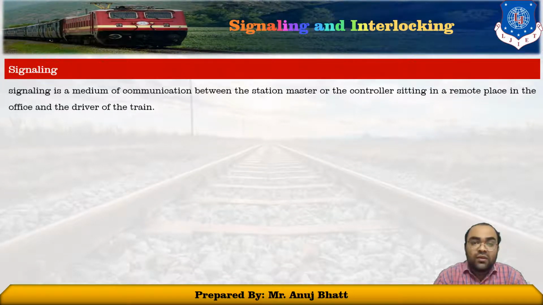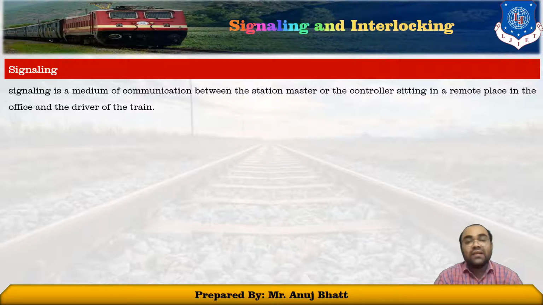What is signaling? Signaling is a medium of communication between the station master or the controller sitting in a remote place in the office and the driver who is driving the train.